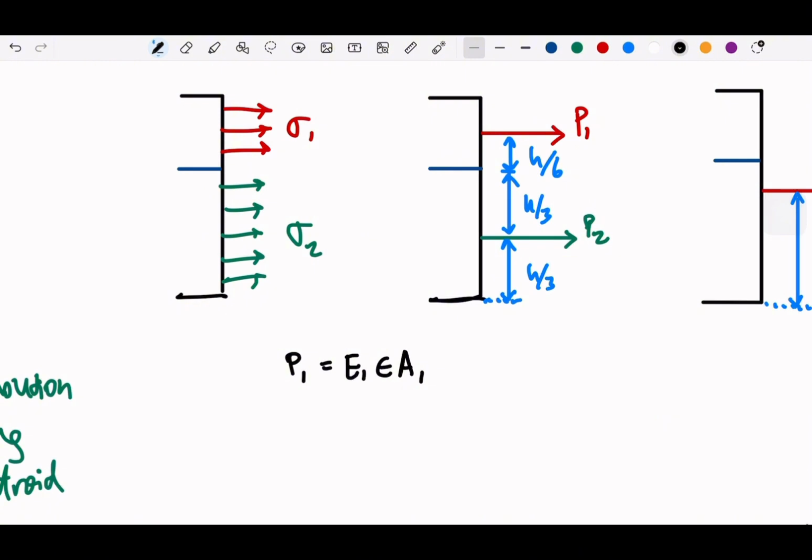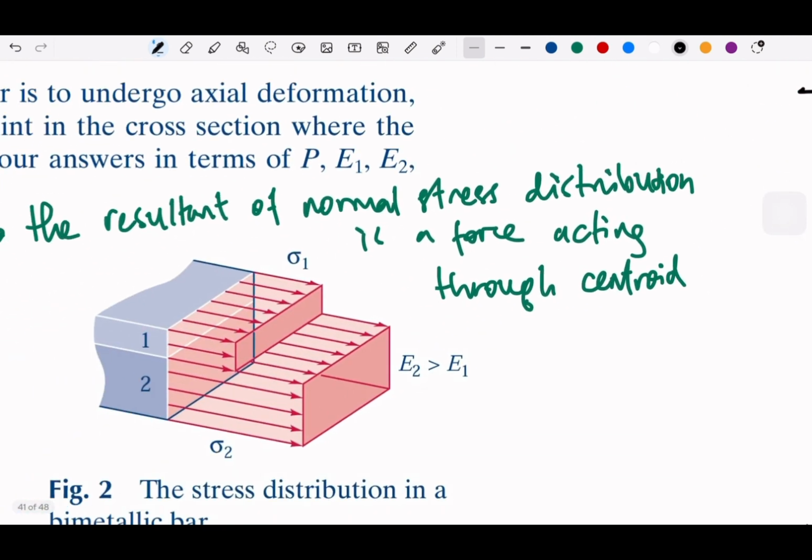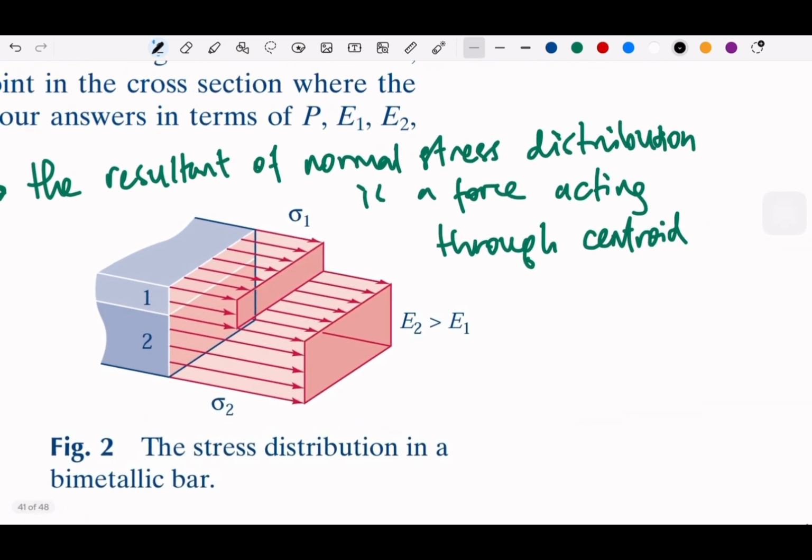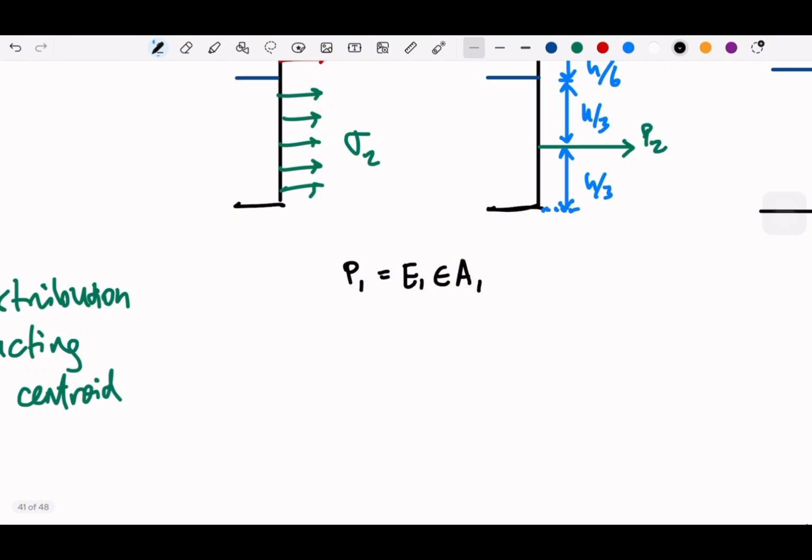And from what we have in our terms, we have the base here. The base is just B, and in the middle part of it is the centroid, B over 2. So for the metal one, we can replace the A with BH over 3, which is height and base. So this will be E1, E, and then this will be BH over 3.